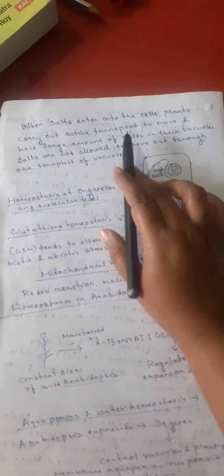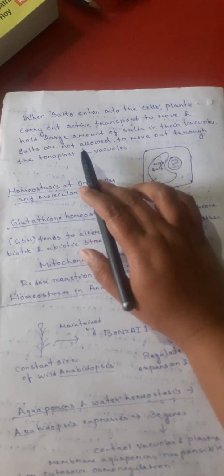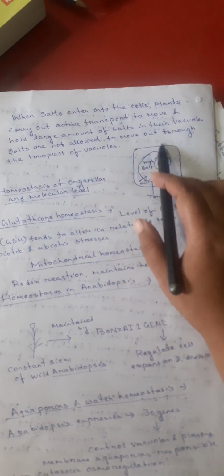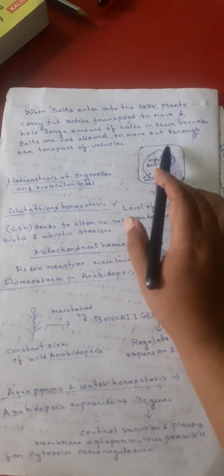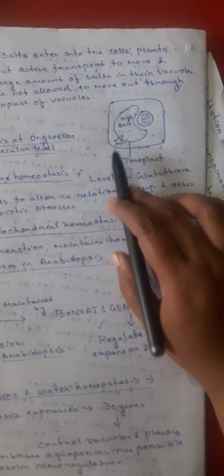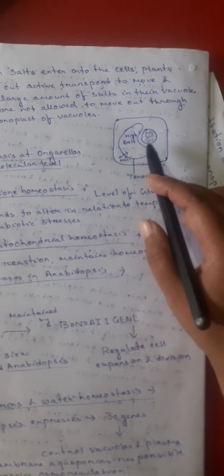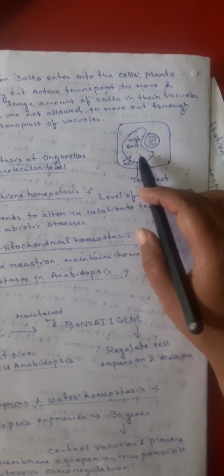when salt enters into the cells, plants carry out active transport to move and hold large amounts of salts in their vacuoles. Salts are not allowed to move out through the tonoplast of vacuoles, as we can see in this picture. This is a cell. Here is the tonoplast, the outermost covering of the vacuole.